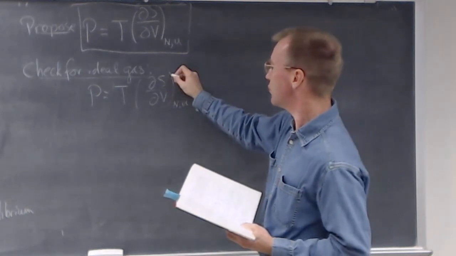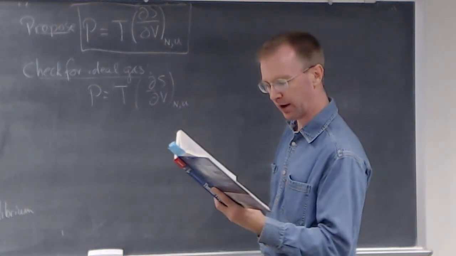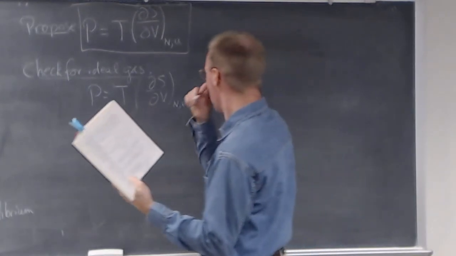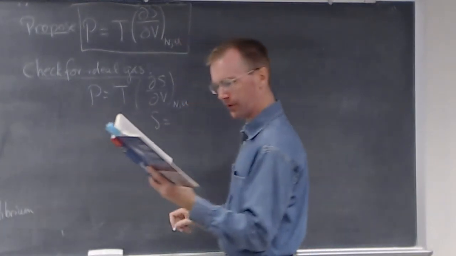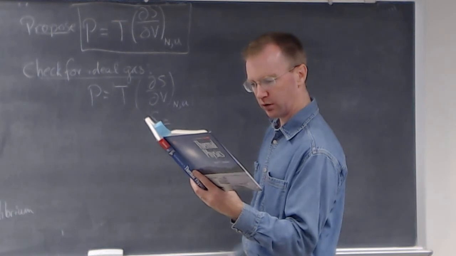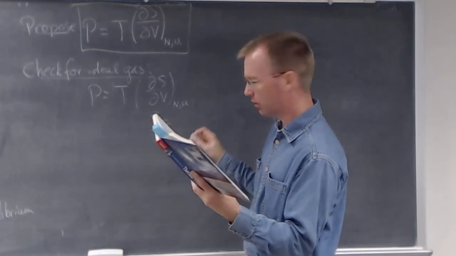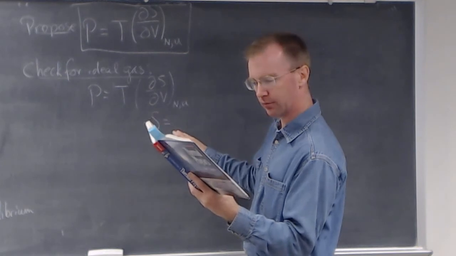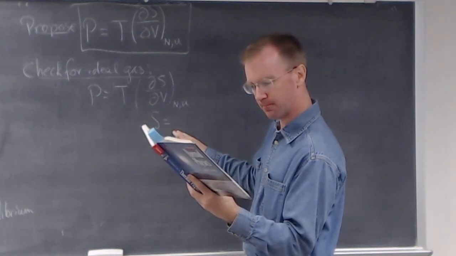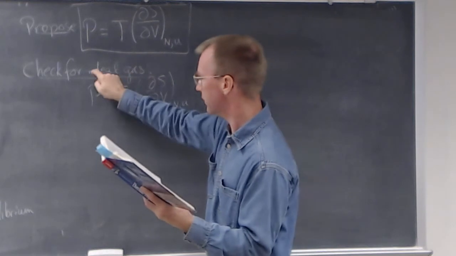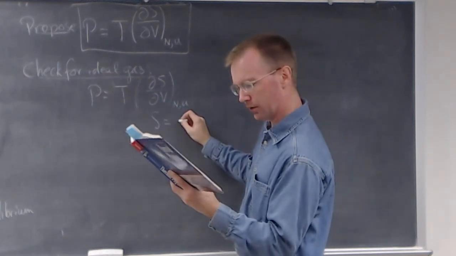If we put in the Sackur-Tetrode equation for the ideal gas, so we have for our entropy, now this is a monatomic ideal gas, all right?